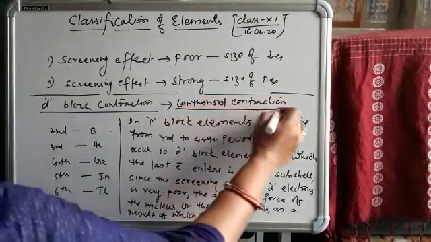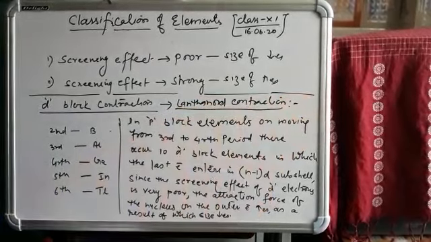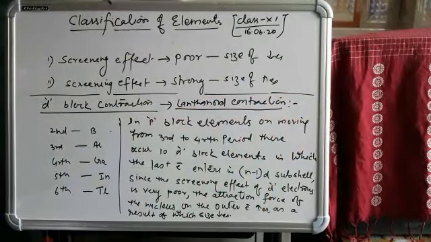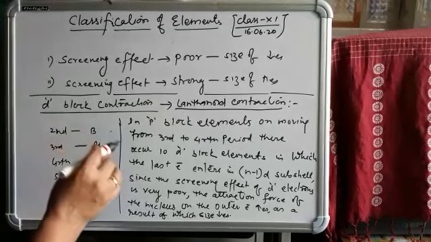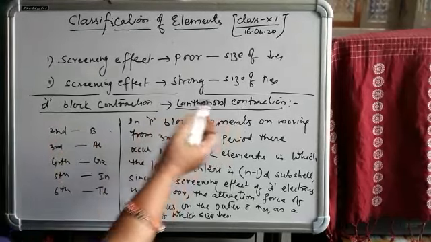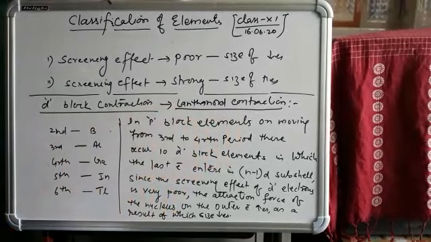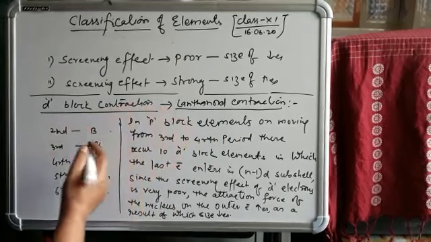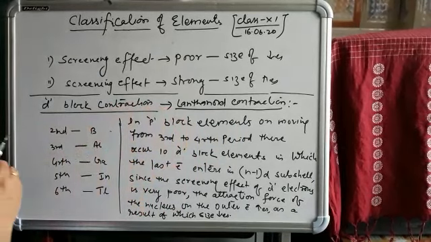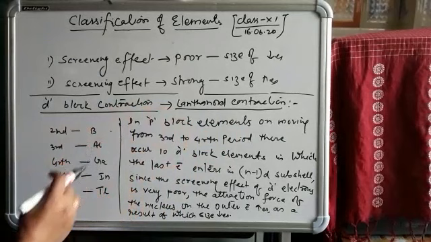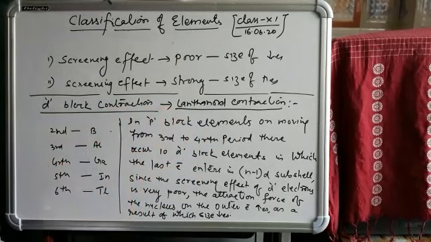What is lanthanide contraction? We will study in class 12 in detail what the consequences are, but here we should know about the reason for the contraction, because when you write the electronic configuration of the lanthanum series, you can see the decreasing of atomic radius. What is the reason for the decreasing of atomic radius?